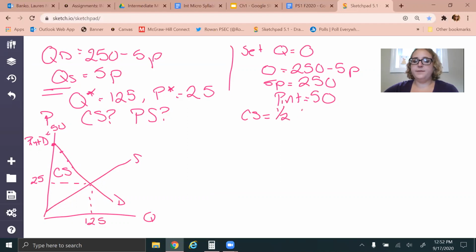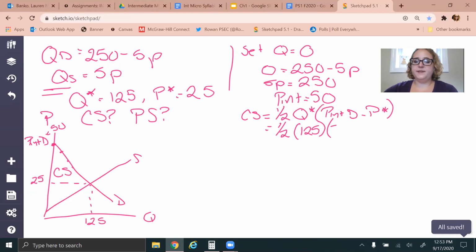So it's 1/2, and the base is the quantity in equilibrium. The height is the intercept minus the price in equilibrium. So this area, this amount. So we just now add things in here where they need to be. The Q from before, 125, and the intercept 50 minus 25.